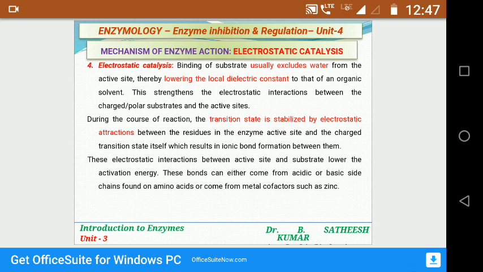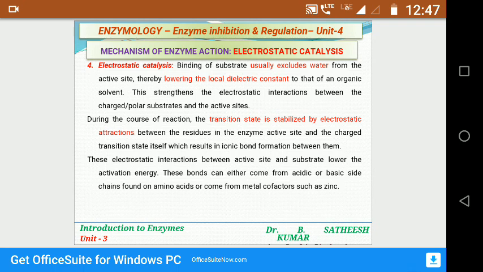Because of their ionic charges, they interact with oppositely charged parts of the substrate as well as the transition state. Those interactions will stabilize the transition state in the active site. So that reduces the activation energy and increases the velocity of the catalytic reaction.